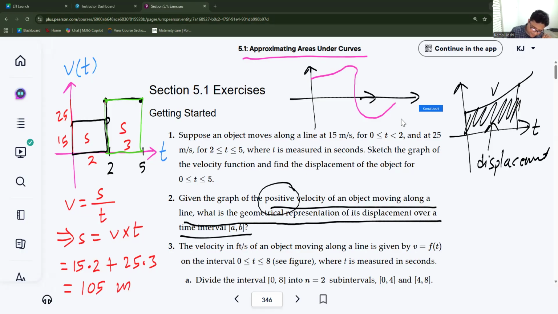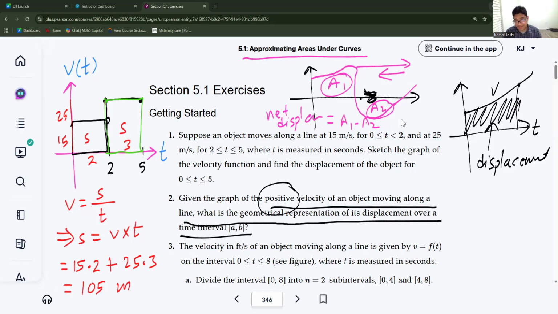Then you have to consider this area A1 and this area A2. A1 will be the distance in the forward direction. A2 will be the distance covered in the backward direction because the velocity is negative. So your net displacement in that case will be A1 minus A2.